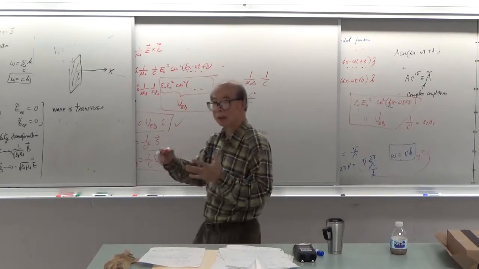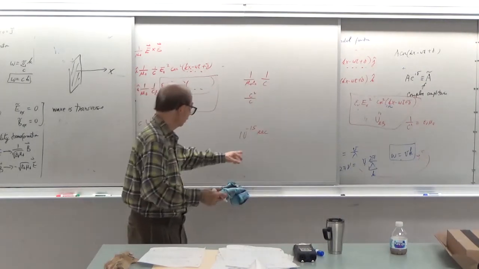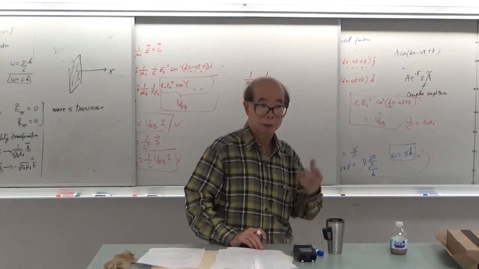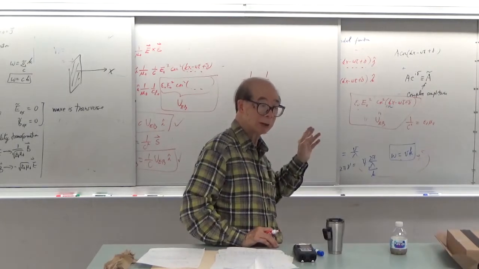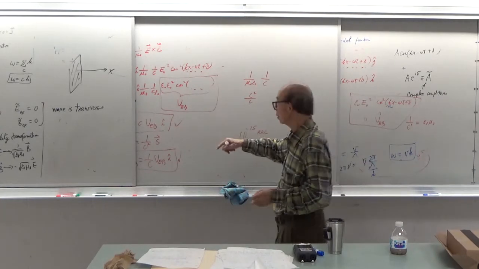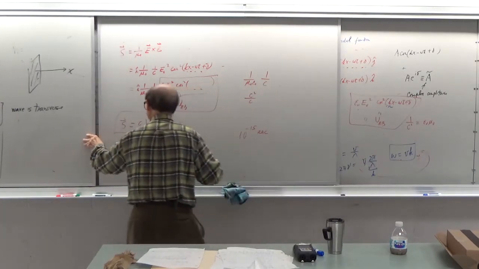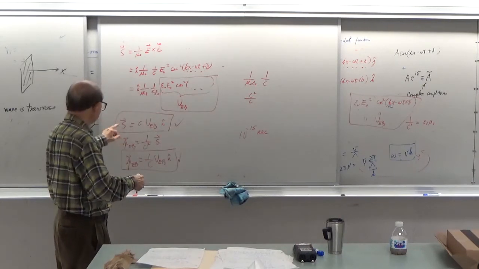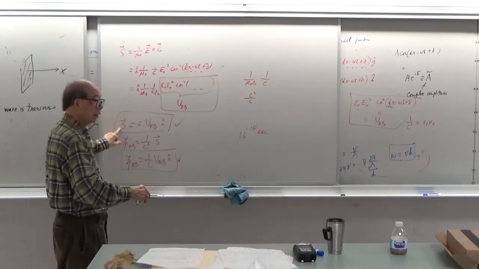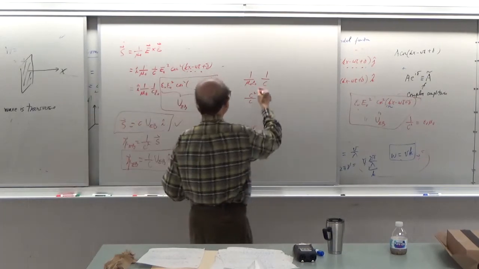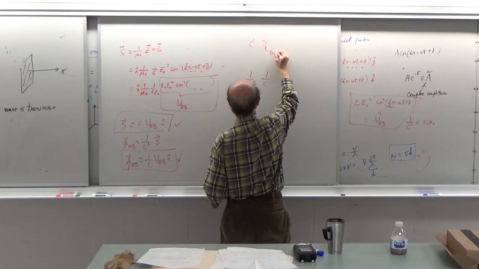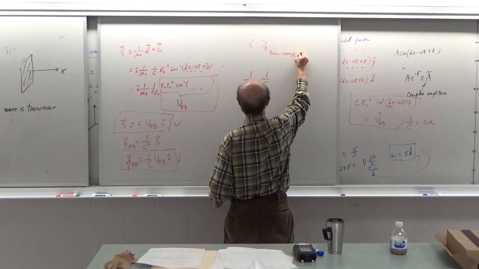So for any macroscopic measurements involving electromagnetic waves of light, since this oscillation time is so small, that will involve a lot of oscillations. So the one we're interested in would be the average value of the energy density and the Poynting vector, etc. And I will use brackets to stand for time average value.